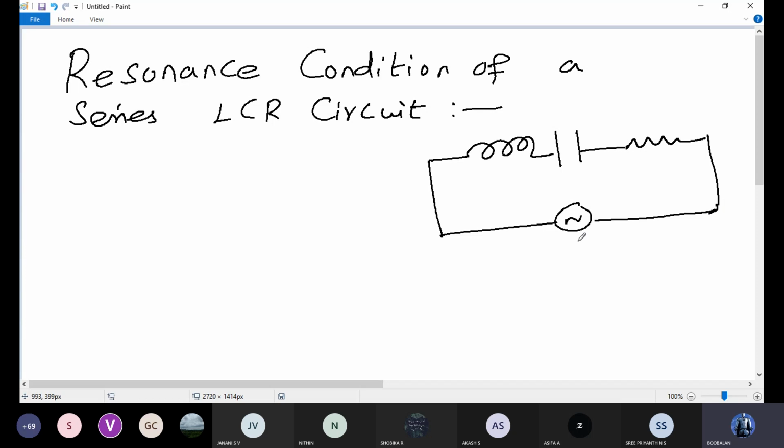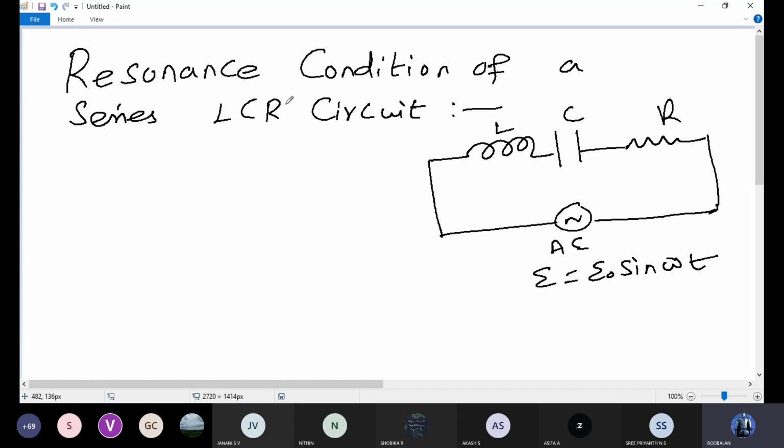So this is the AC source, with the formula E equals E naught sin omega t. So this is L, C, R. Now, the resonance condition of a series LCR circuit.